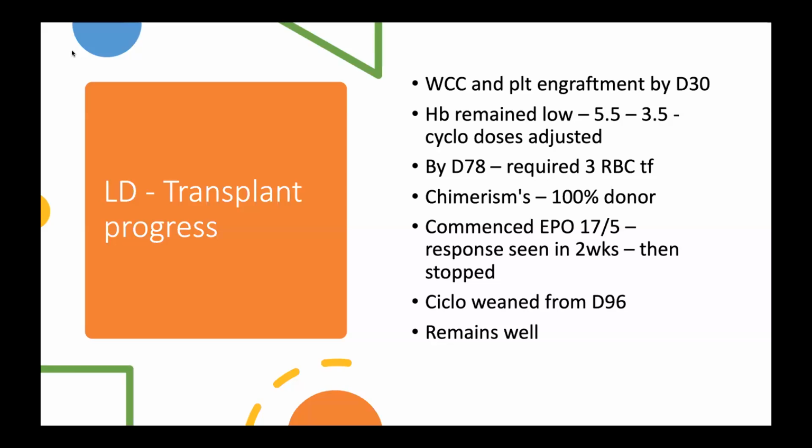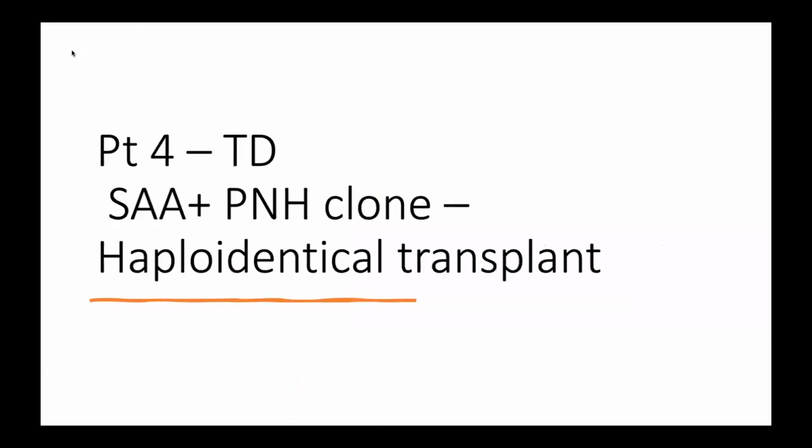So at that point, she was commenced on EPO. A response was seen in 2 weeks, and it was then stopped. Her cyclo was weaned, and she remained well. So in summary, a patient with a haplotransplant complicated with a urine BK virus, as well as an anemia that required a little bit of EPO to get her going.